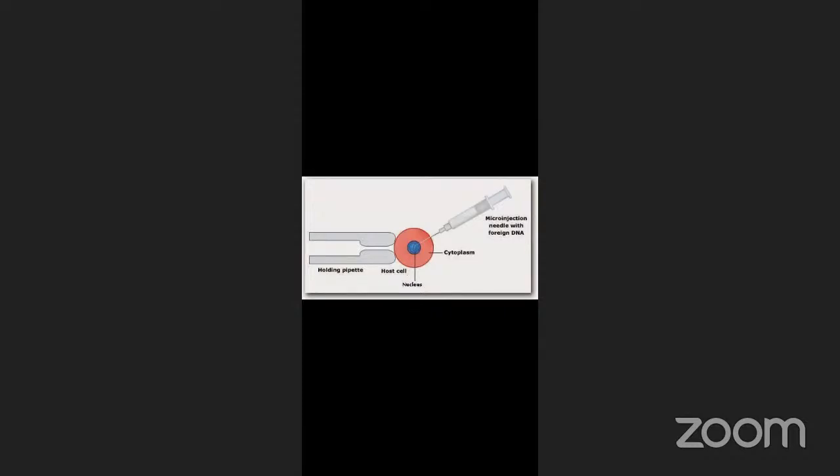Visible, sir. Right. First of all, you select the desired gene. This desired gene is taken into the micro injection needle. This is the micro injection needle containing the desired gene.